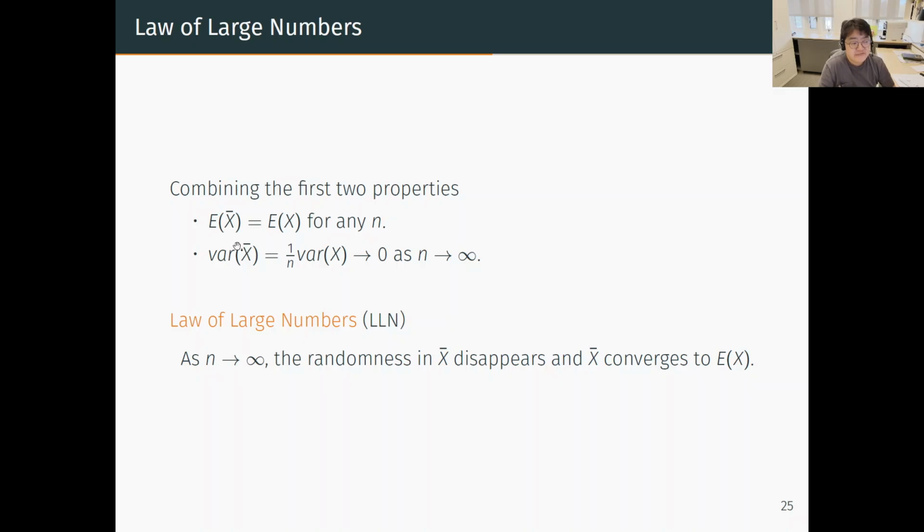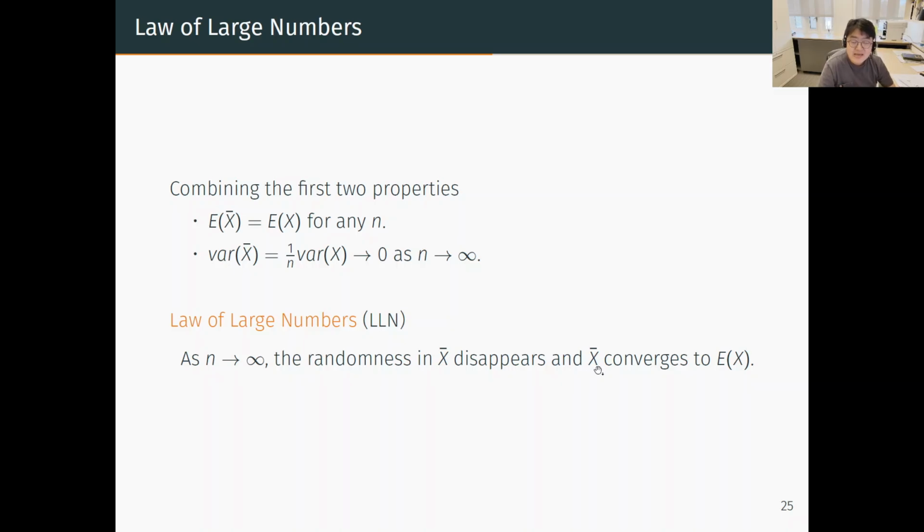But the variance of a sample average is the single outcome's variance divided by n, which means it converges to 0 as n goes to infinity. If the sample size is infinity in the limit, then the variance of x bar will be 0, which means the randomness of x bar disappears in the limit, right?